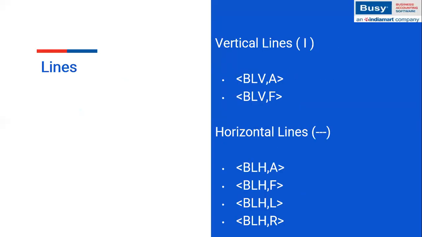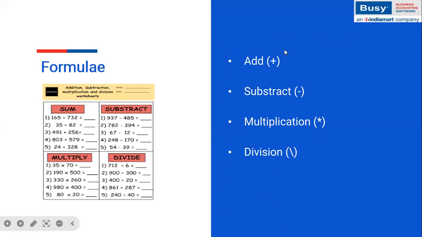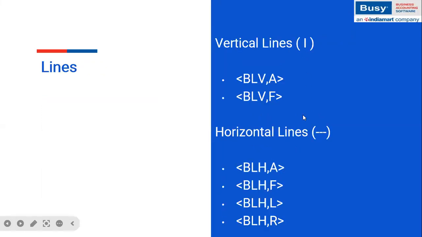Moving to the next slide, lines. The vertical line is this symbol, and the horizontal line is used in landscape mode. This is the horizontal line and this is the vertical line.